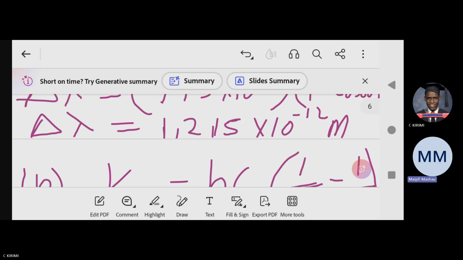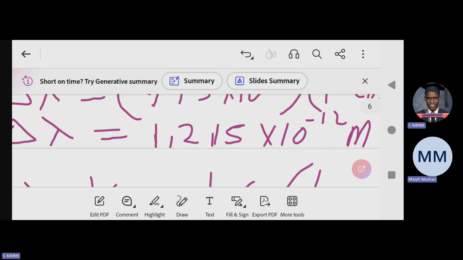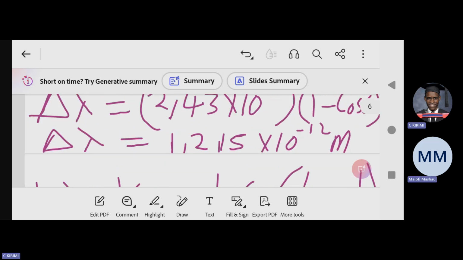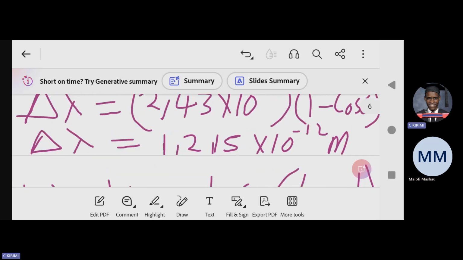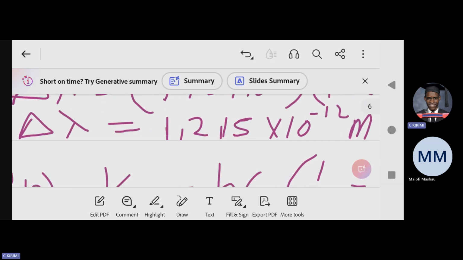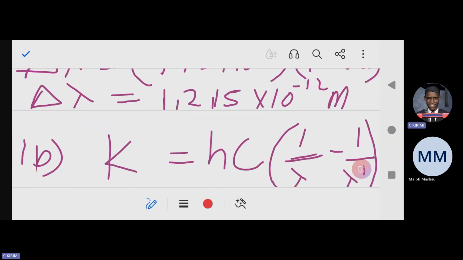Which number? 1.215 times 10 to the power negative 12 meters. You divide it by 10 to the power negative 9, so that we know what the change in lambda is in nanometers. We want to know the change in wavelength in nanometers.